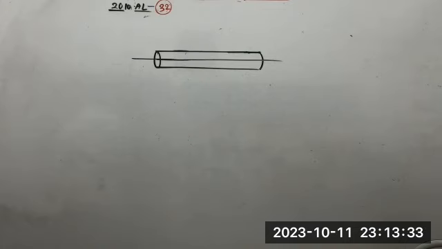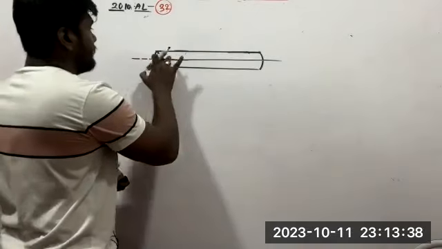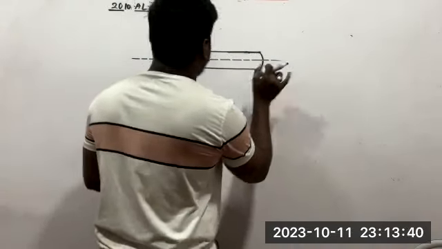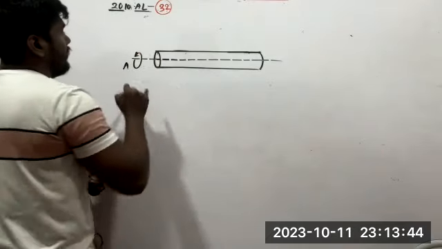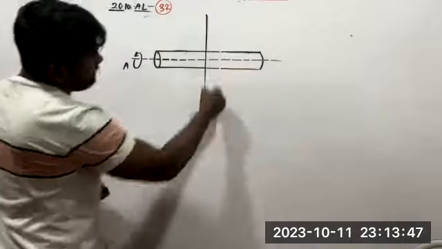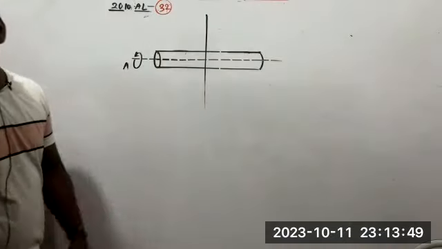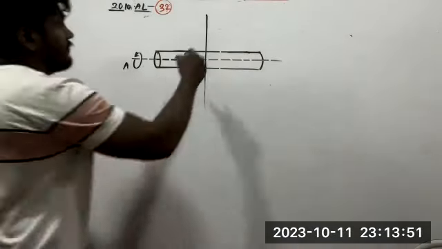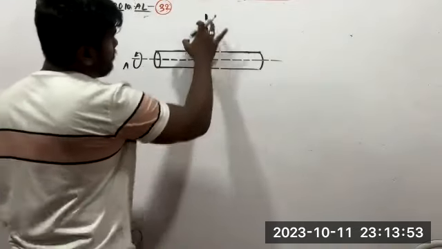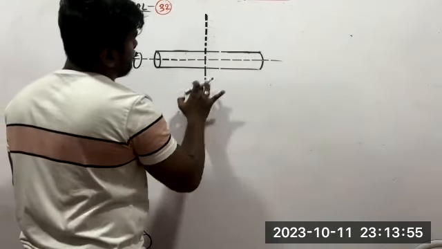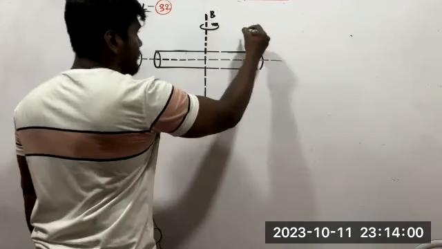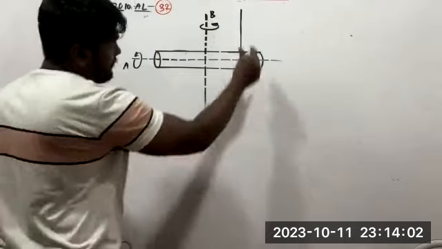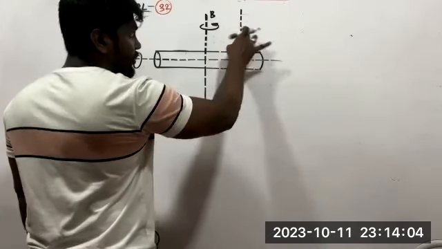Now they have given three axes named A, B and C. This is axis A. Axis B. Axis C. Now I don't need to explain.